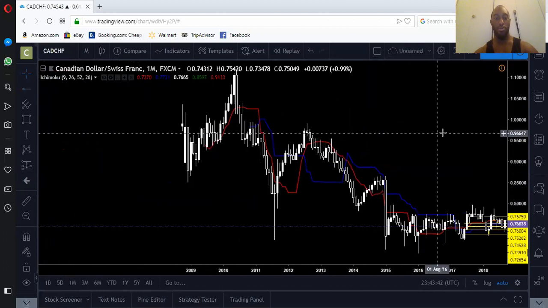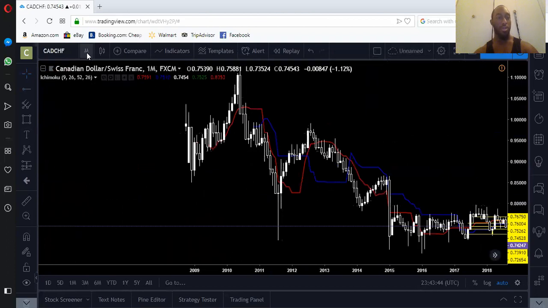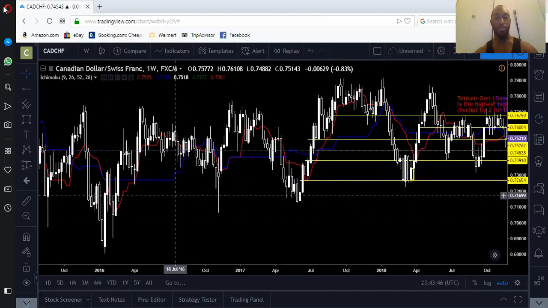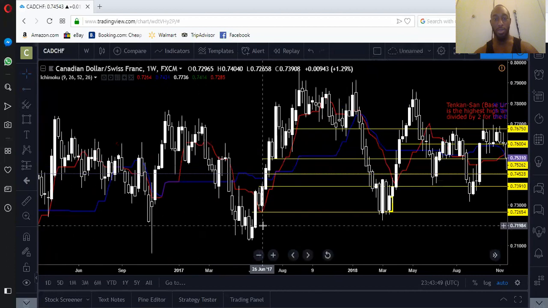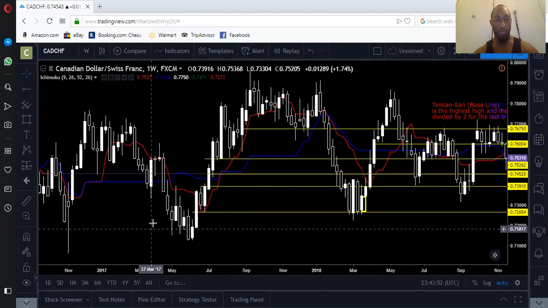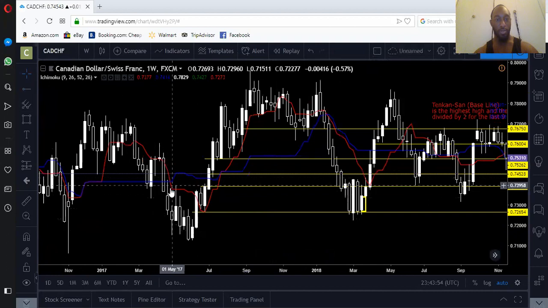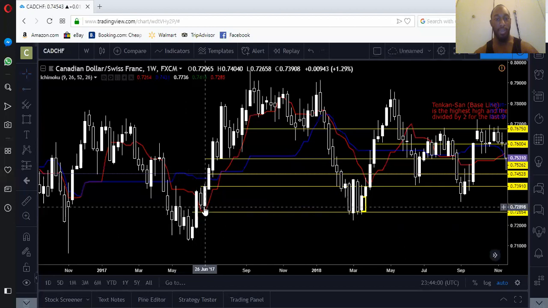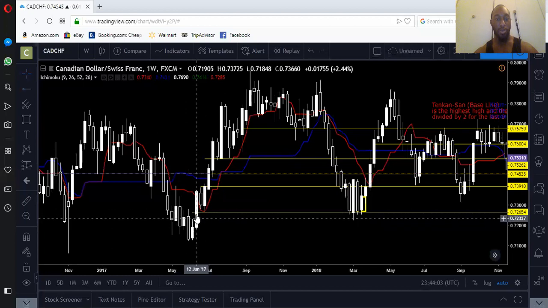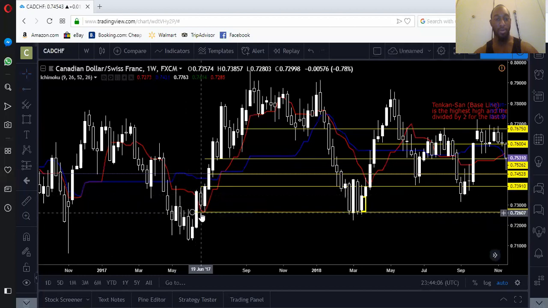Here we go. Let's see. Let's go to weekly. So here, TK cross, wouldn't enter until maybe right in here, off that bounce, because it came up, came down, came up.